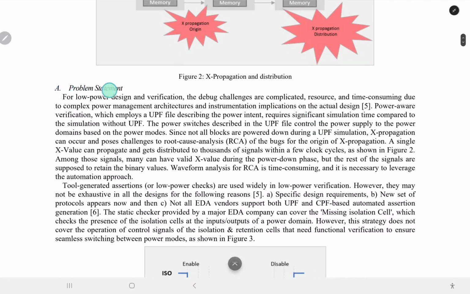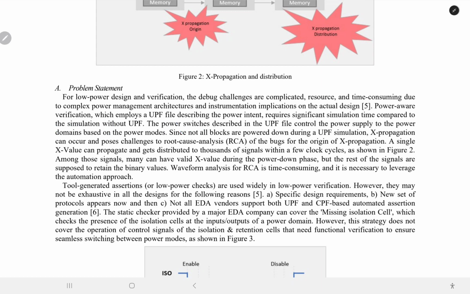A. Problem statement. In low-power design and verification, the debug challenges are complicated, and resource and time consuming due to the complex power management architecture and the instrumentation implications in the actual design. Power-aware verification, which employs the UPF describing the power intent, requires significant simulation time compared to simulation without UPF.